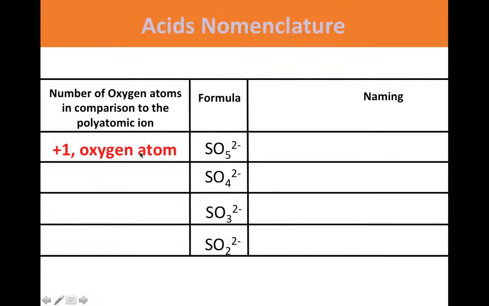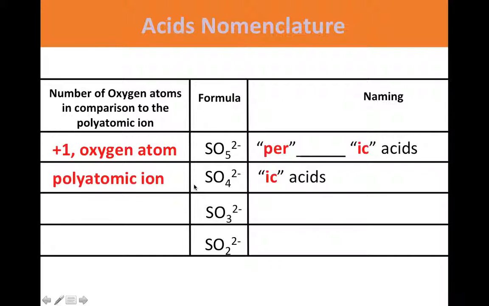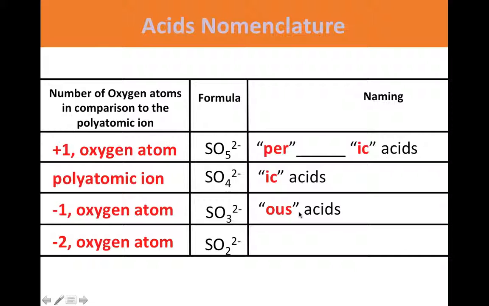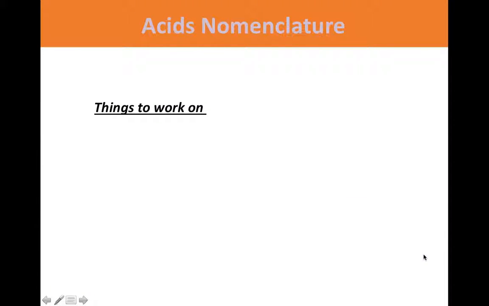If it has one extra oxygen from your ate, you are going to get persulfuric acid. Your regular polyatomic ion will just be an ic acid. Then you're going to have one oxygen atom less than the ate, so that will be ous acid, and then it would be hypo-ous acid. Alright, so the thing you need to work on in acid nomenclature is worksheet number 6.